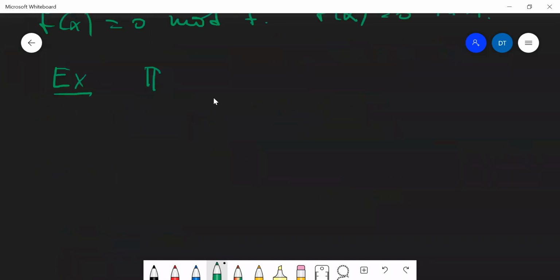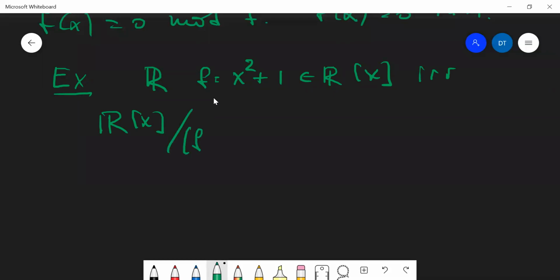We started with the field R of the real numbers, and we were given the polynomial x squared plus 1. Well, this is a polynomial here. It doesn't have a root in R, so there are no roots here. And this is an irreducible polynomial.